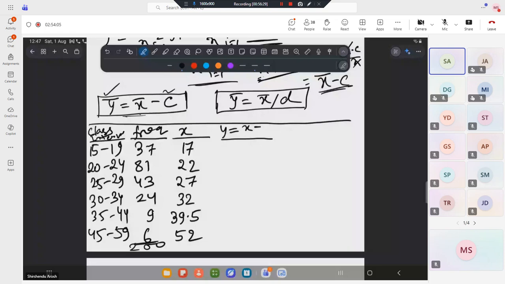Here you have 6 numbers. You can choose either 27 or 32. I am choosing 27. Either way, you can choose 32 also. The answer will be the same, though the other numbers will be different. So let's take 27 as the number. What will happen if I take 27?